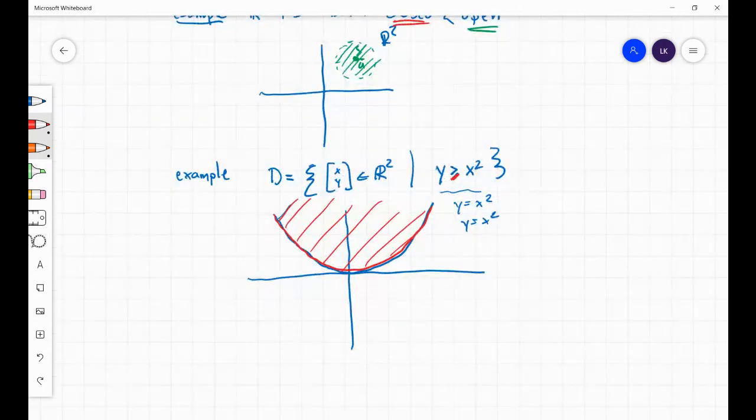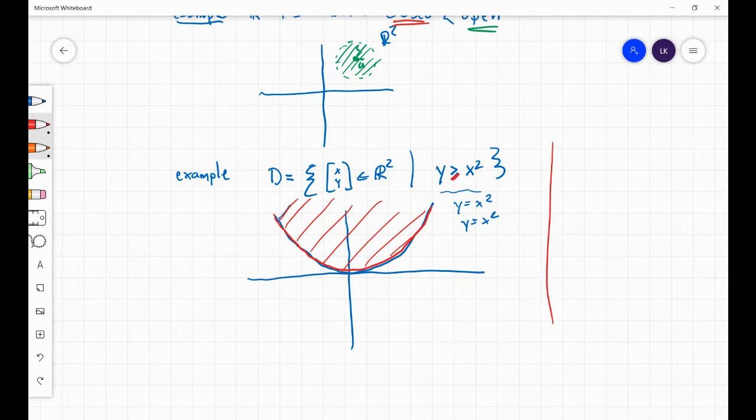Okay. As we were saying, the boundary is the parabola y equals x squared. So does our region contain all its boundary points? Yeah, right.